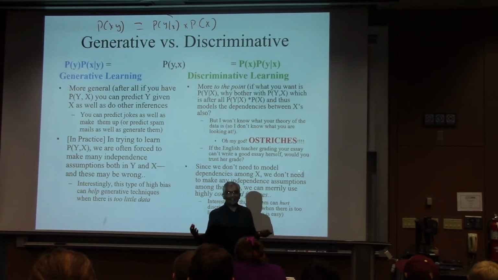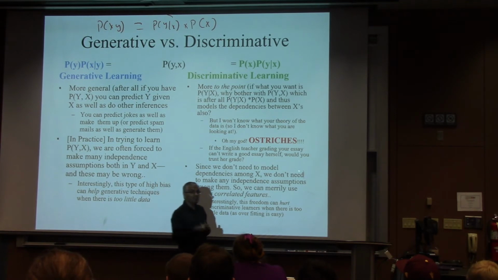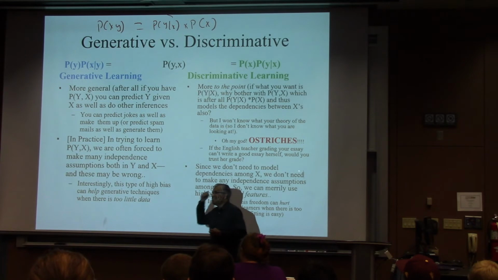Because they can't actually generate the picture, they can only see the picture and give a label. So one way of making sure that adversarial attacks are reduced is to go with generative models.